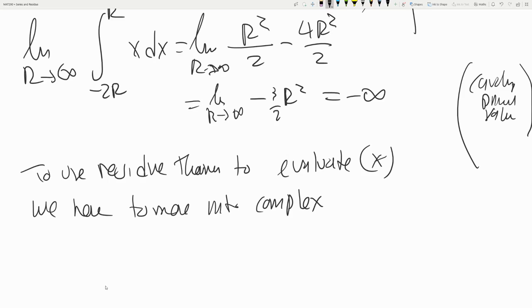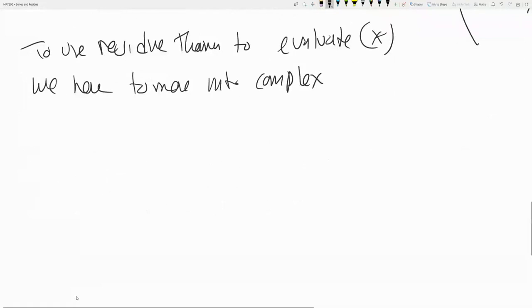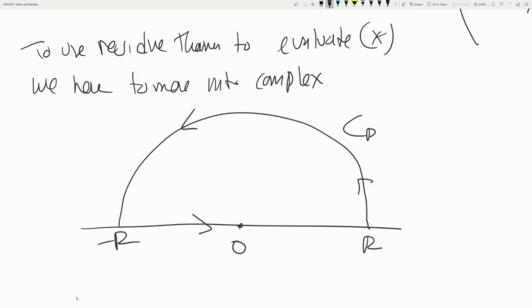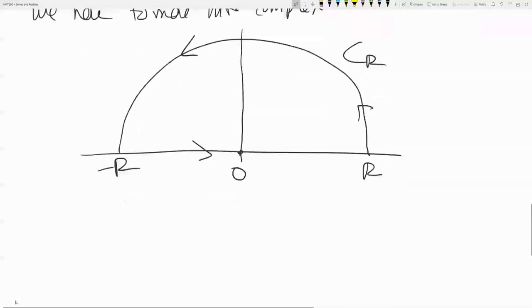Okay, let's see. So here's the trick. Consider the following contour: 0, minus R, R, and this is a semicircle. So now we're in the complex plane.